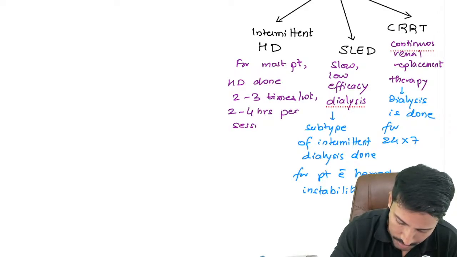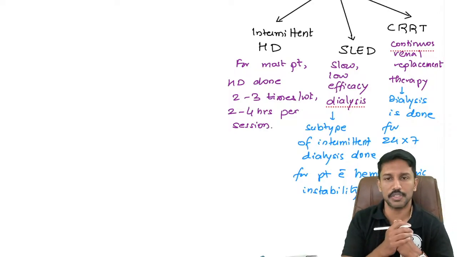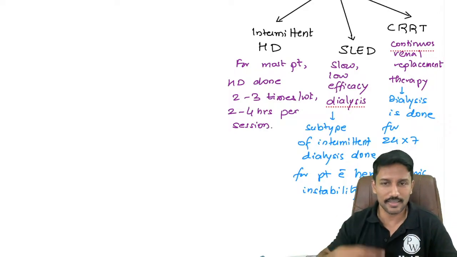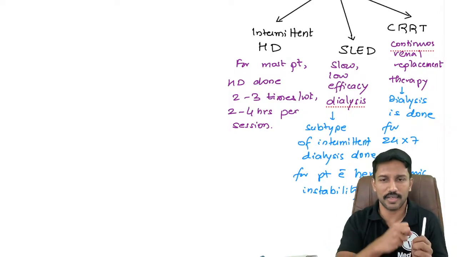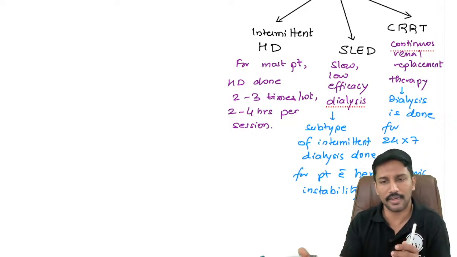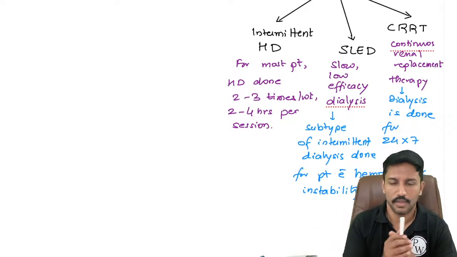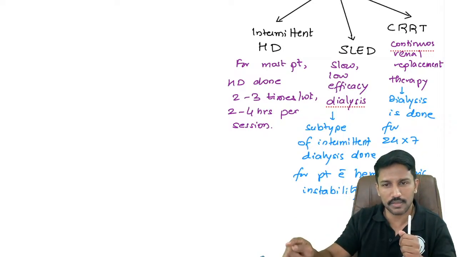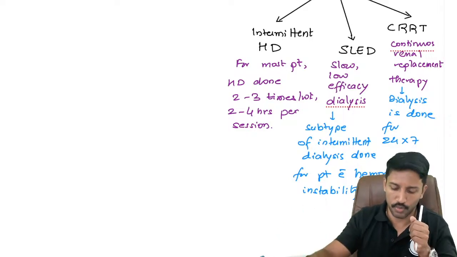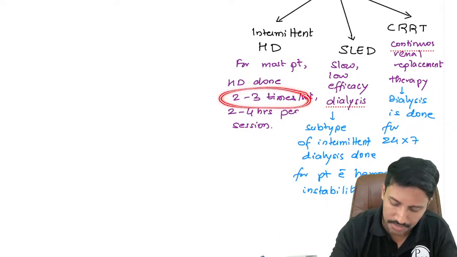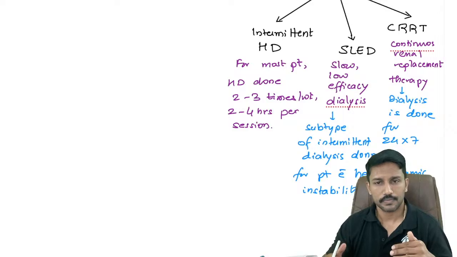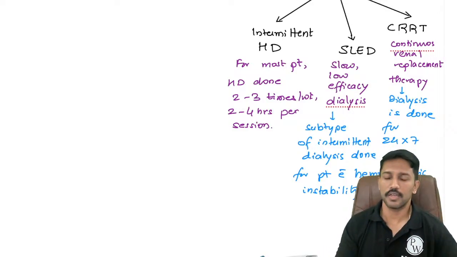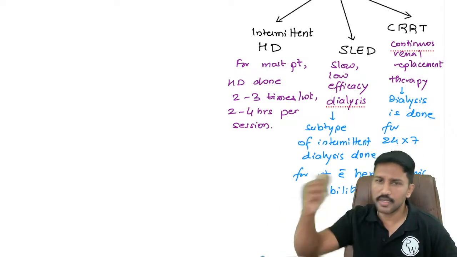So every time the patient comes, he will be hooked to the dialysis machine, and for 2 to 4 hours we will run the dialysis. During this period, we will try to extract the maximum amount of nitrogenous waste and remove it. Again, he will come back after a gap of 1 day or 2 days, depending on the severity of his condition. During this period, the nitrogenous waste will reaccumulate in his body, and when he comes for dialysis, we'll remove it again.